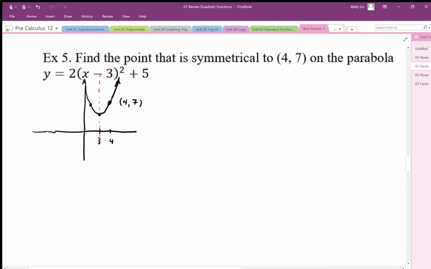Okay, that's going to be at y equals 2. Well, I've just solved it really. The way I did it was, I know it's 1 from the middle to the right, so it should be 1 from the middle to the left. So my y coordinate has to stay the same, it's got to be 7, and the x coordinate must be 2. Okay, now this one's pretty easy to solve for.